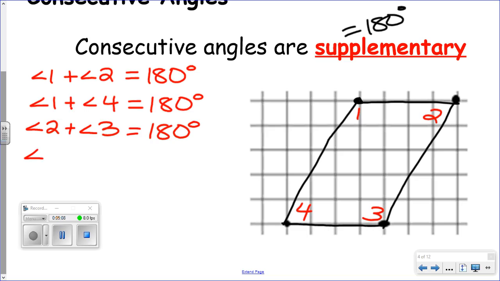And then angle 3 plus angle 4 have to add up to 180 degrees as well, because those are also consecutive. So just kind of making sure consecutive is not the one that's across from it. It's kind of, if I kept going around the parallelogram, the next one I would hit. Okay, so that's about the consecutive angles.